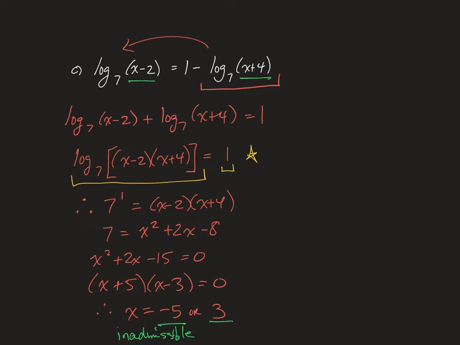Then we need to show changing that to exponential, but we can calculate 7 to the exponent 1. Now, unfortunately, I need to see everything else. Quadratic equation in standard form, factored, solutions. If you were to show me those 5 lines with stars, you have a great solution.